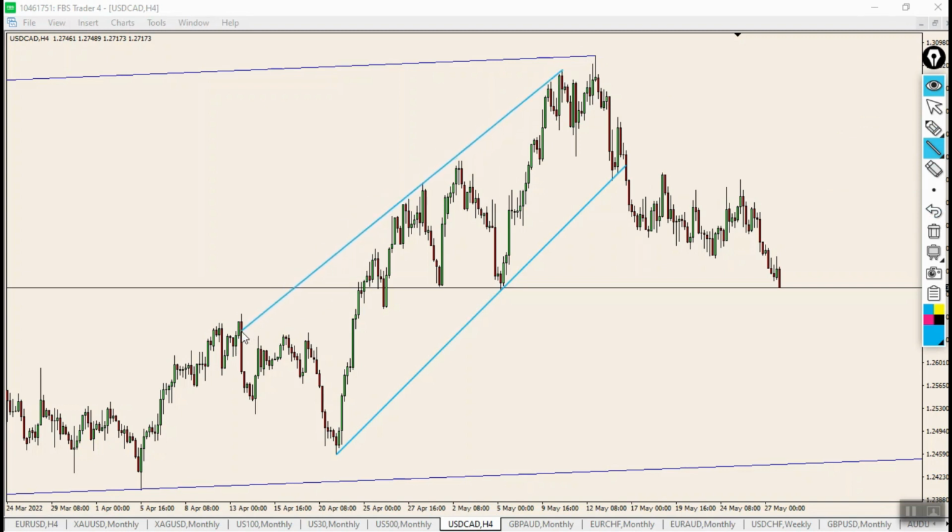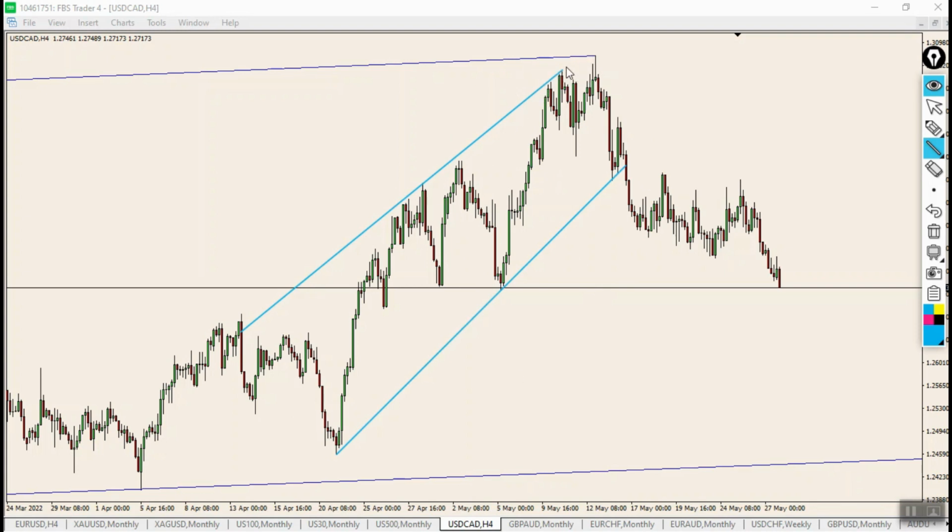Is it gonna work? I believe this is substantial enough, due to the fact that this is a rising wedge or an ascending channel, whatever you want to call it. You're never wrong, because the market is imperfect after all. And the market here at the third touch gave us the structure.